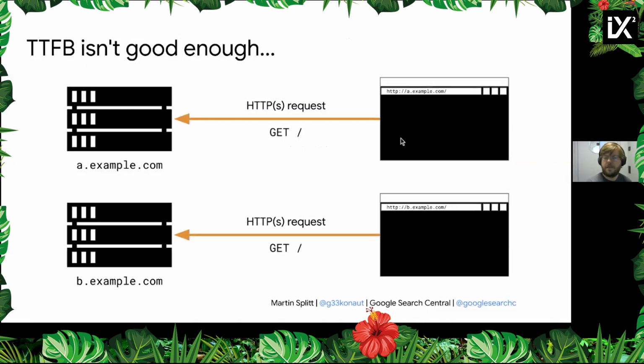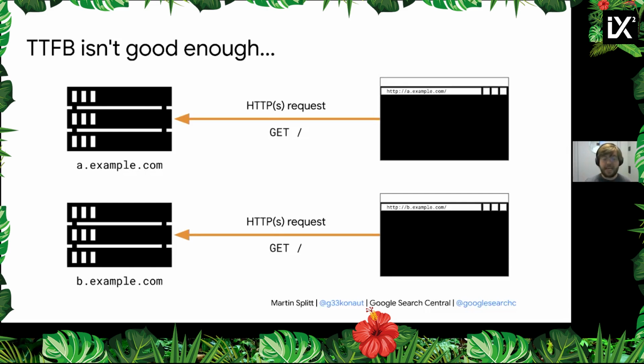Well, now look at a modern website, though. A modern website that uses JavaScript. We're having two computers connected over basically identical network connections going to the identical server, and we're pressing return at the same time in the browser, so the requests are going out at the same time.